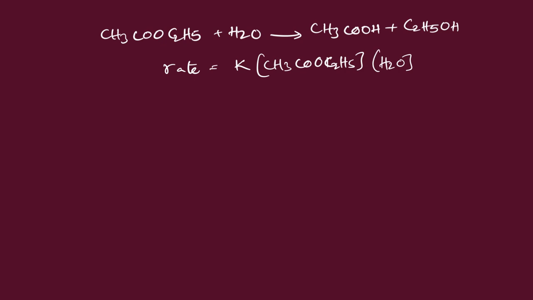The power is given here 1 and here 0. So here the stoichiometric coefficient of this reaction is 1 and of this is 1. But here one stoichiometric coefficient 1 is matching, the other is not matching. Therefore x is equal to 1 and y equal to 0. Here the stoichiometric coefficients are not matching with the powers to which each term is raised.